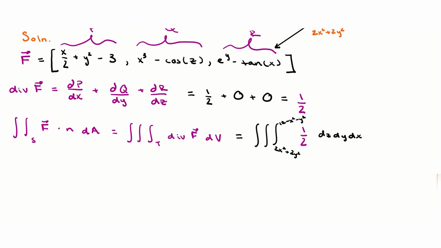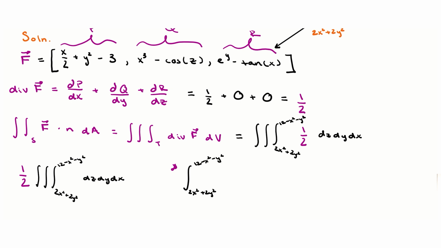Alright, so let's solve this integral. We'll start by moving our constant to the outside of the integrals. And we see that the integral from 2x squared plus 2y squared to 12 minus x squared minus y squared with respect to z equals 12 minus x squared minus y squared minus 2x squared plus 2y squared.